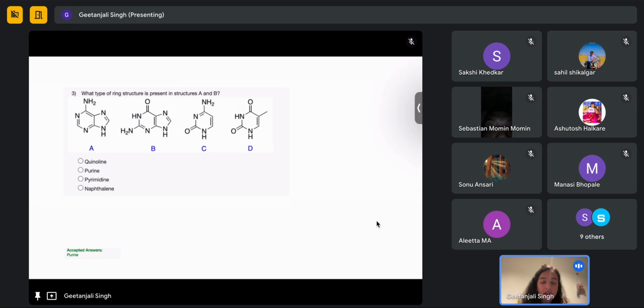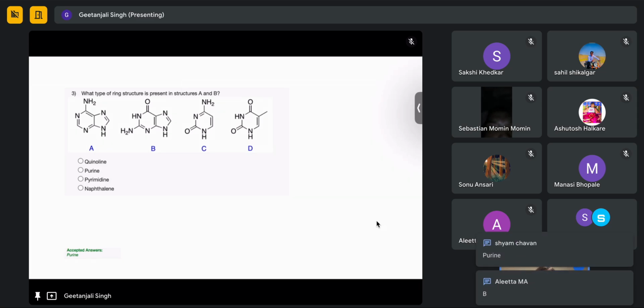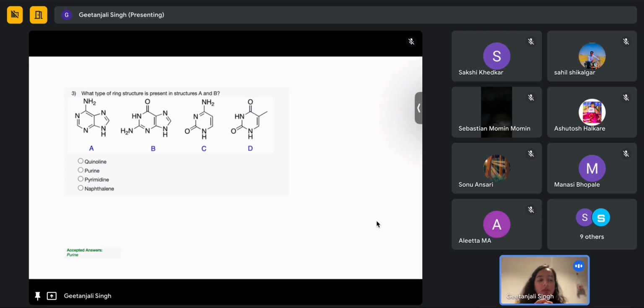We know about nucleic acids, and yeah, perfect. Good. Yes, the answer is purine. So let's discuss briefly what purine is. The different options that we have constitute purines and pyrimidines.